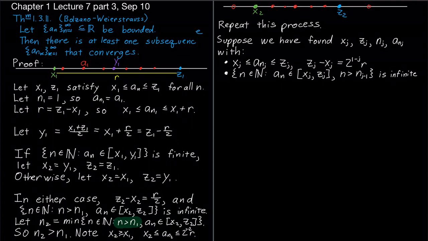And then let's suppose we've done this. We just worked this all out for j equals 2, so now this is a basic induction argument. What do we do next?